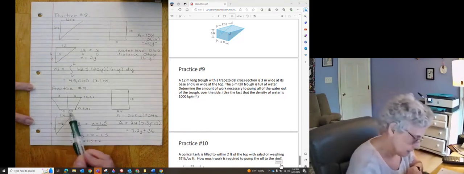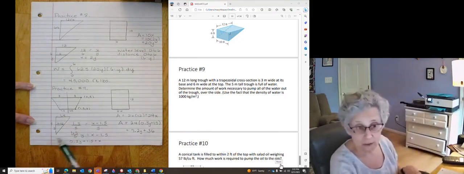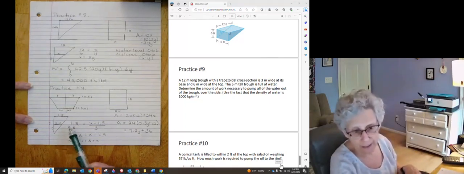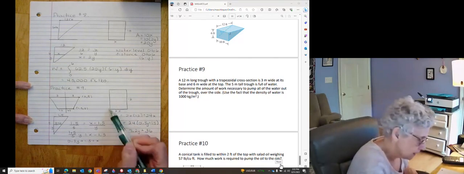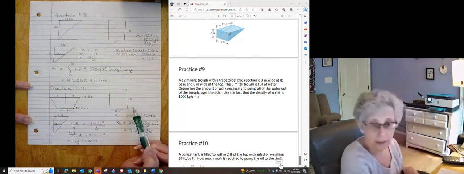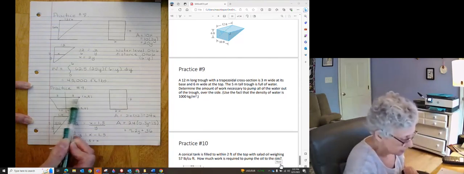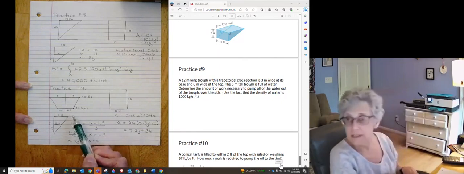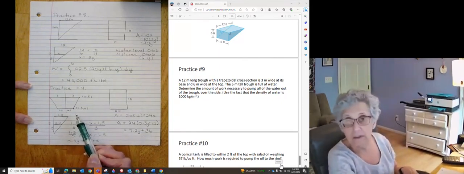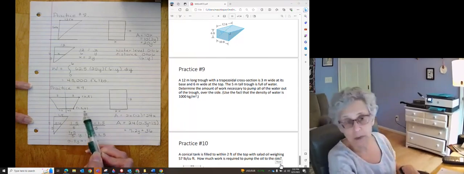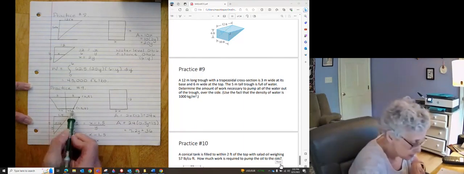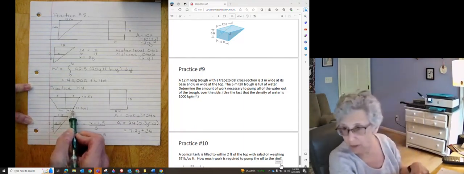Alrighty. I use similar triangles again to find my equation for x in terms of y. The top view was a rectangle. Again, the width of the rectangle is 2x, and the depth is the length of the trough, which is 12 meters. It was 3 meters wide at the base, so 1.5 and 1.5.